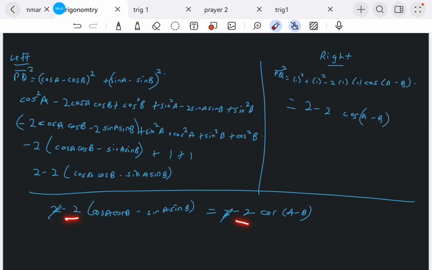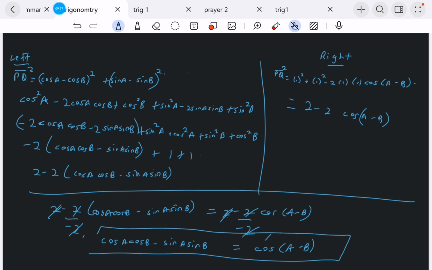And if we're left with negative 2 and negative 2, we can also cancel the 2. Okay, and then we shall remain with our equation, which says, come on, read with me, these have cancelled. Why? Because we are dividing both sides by negative 2. So we are going to remain with cos A cos B minus sin A sin B is equal to cosine of (A minus B), which is our identity.